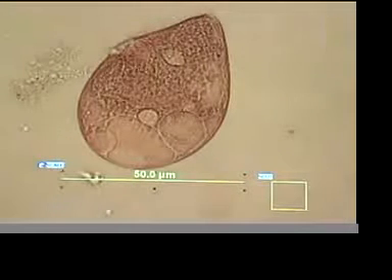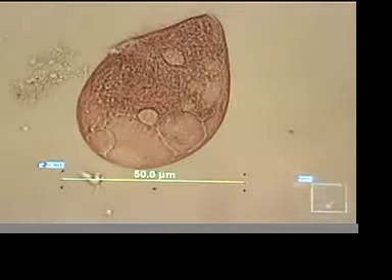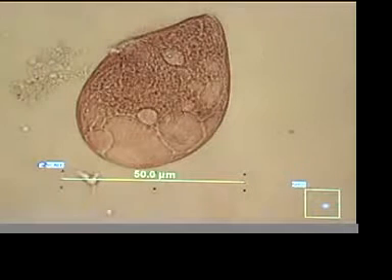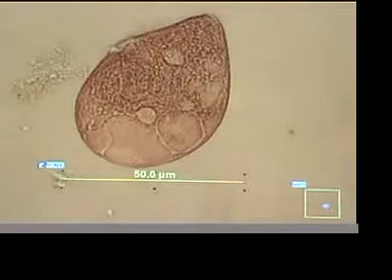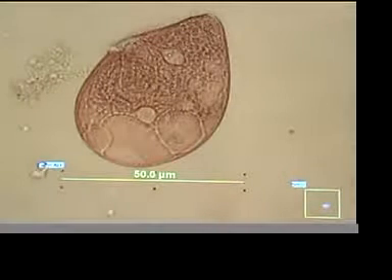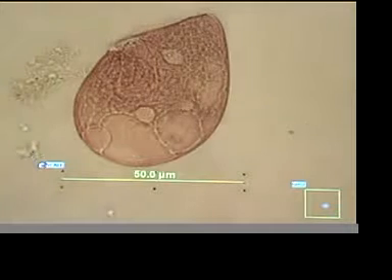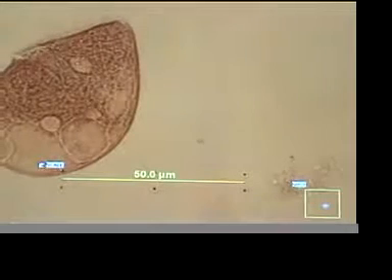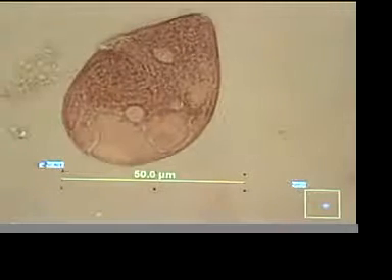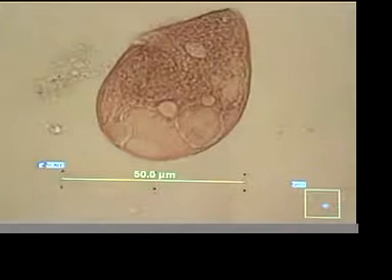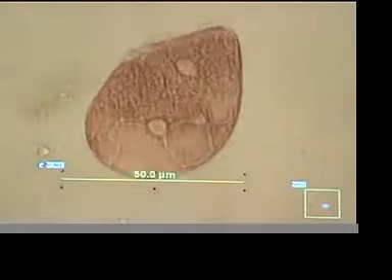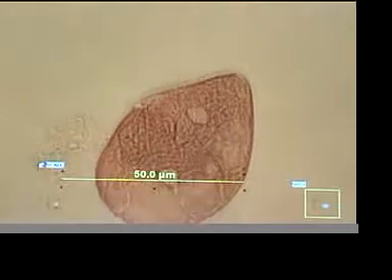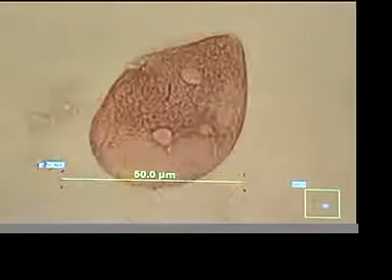The little square on the right is just for setting the light sensitivity of the video camera connected to the microscope. That's me moving the microscope stage. I'm going to just lower it a little bit so we get that in the center of my video camera. Right there.